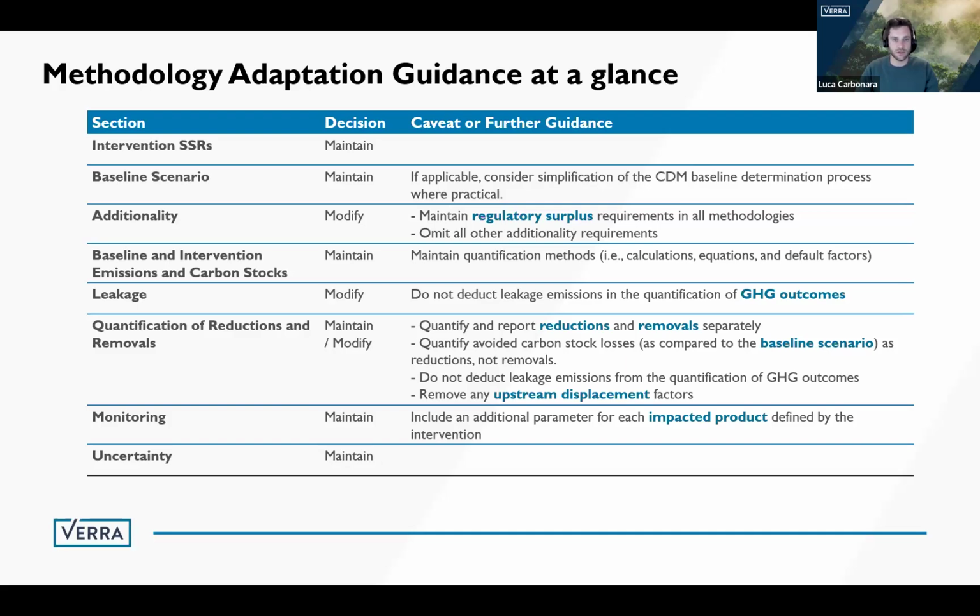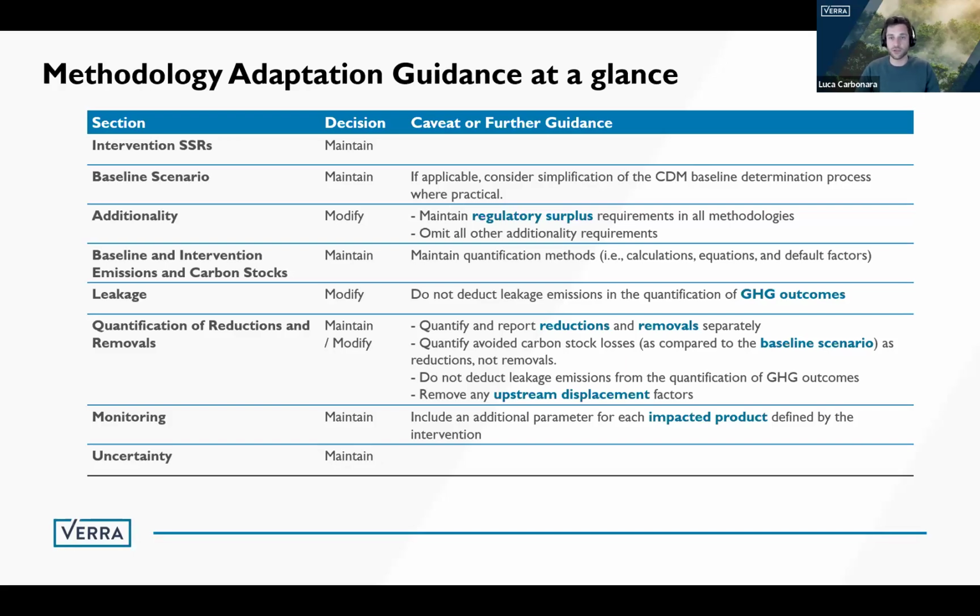I will just flag a couple of important ones, which, if you are familiar with the VCS, it's important to note. So the first one relates to additionality. As Shay also mentioned, this is something that we are going to modify in the Scope 3 standard program.